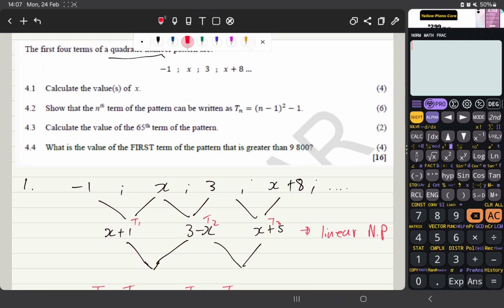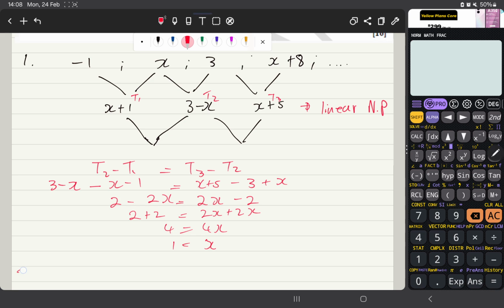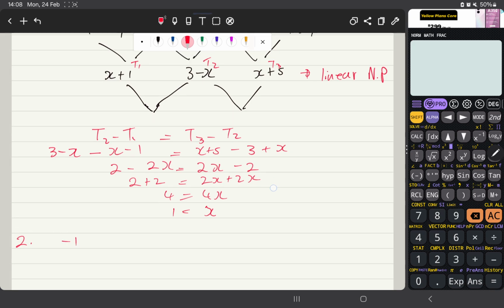Yeah, and then they say show that the nth term can be written like that. Oh, written like that, not rewritten. Alright, cool. So now I'm just going to maybe put it properly. I have minus 1.